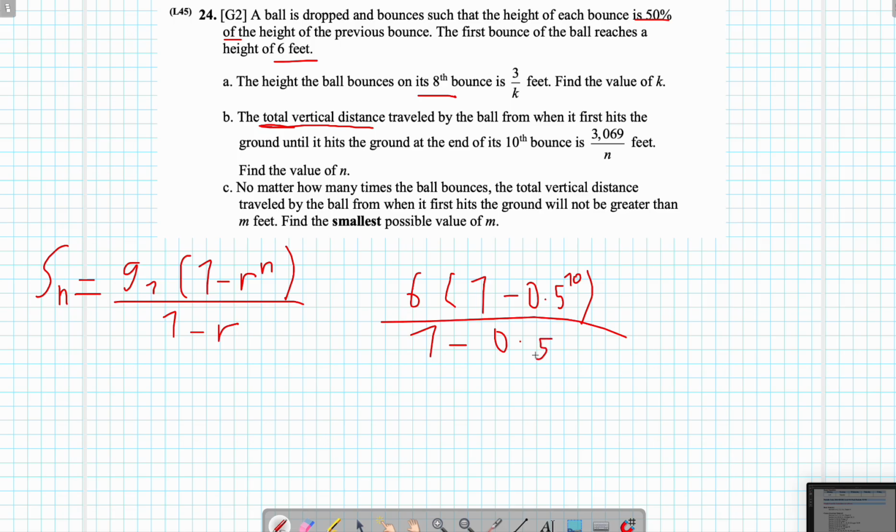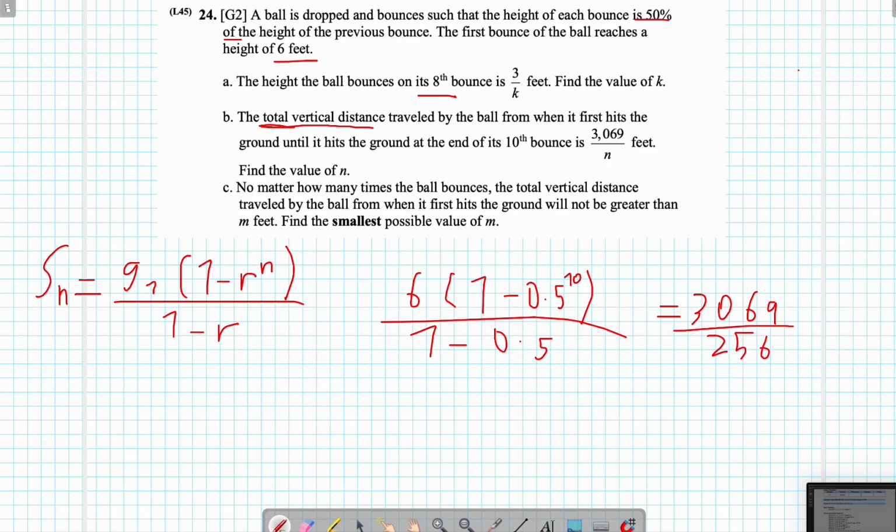So we're gonna plug this into the calculator. 6 into 1 minus 0.5 to the power of 10 over 1 minus 0.5. That is 3069 over 256. But that is not the answer, right? Since it's the total vertical distance, right?